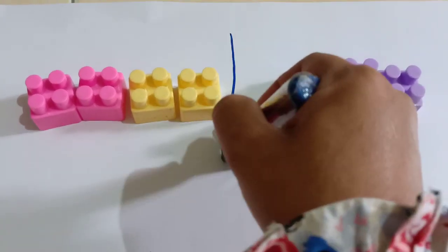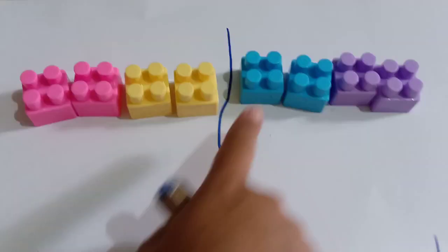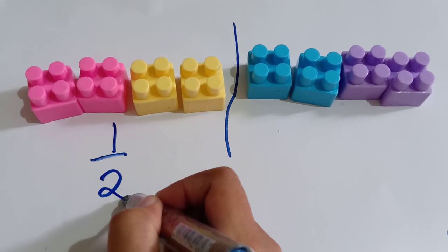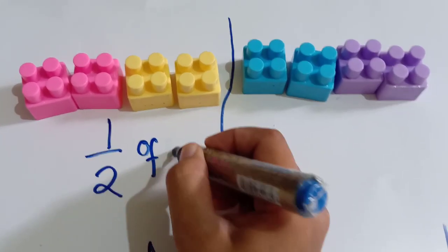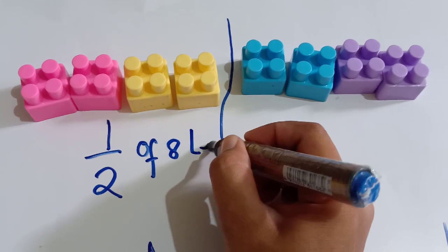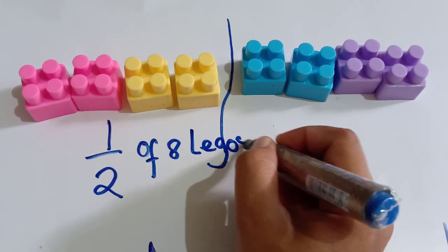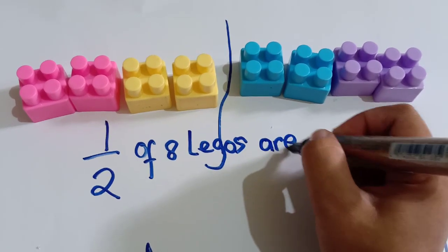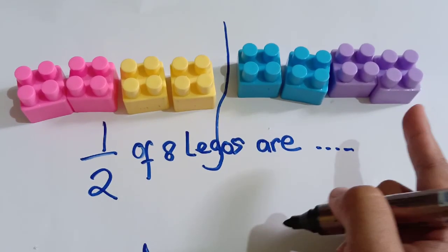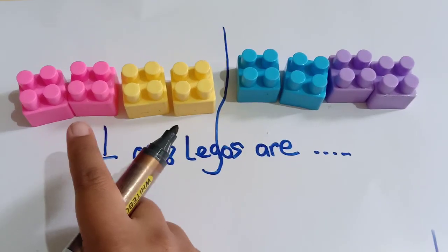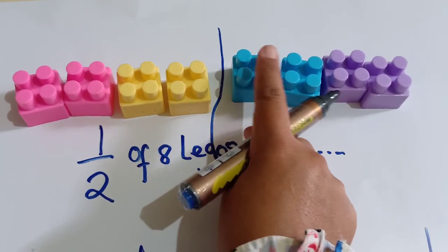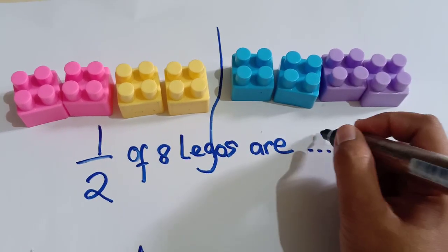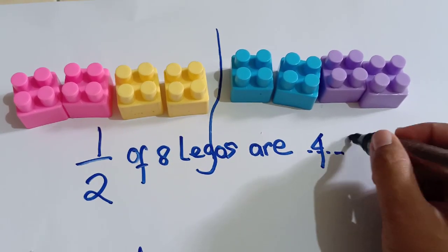This one, 2 groups. 1/2 of 8 Legos are, that's so easy, we can directly count how many. The answer is 1, 2, 3, and 4. That's correct. 4 Legos.